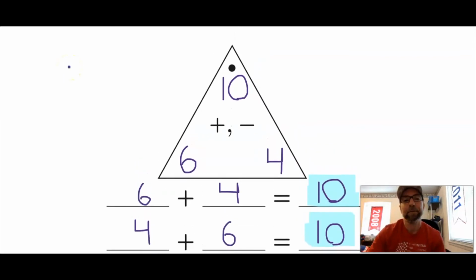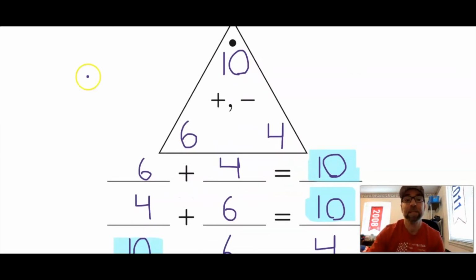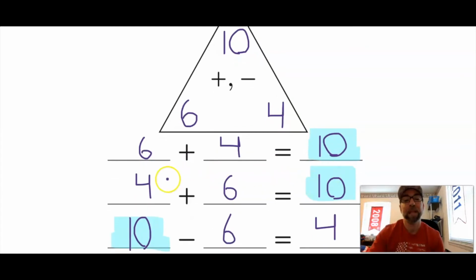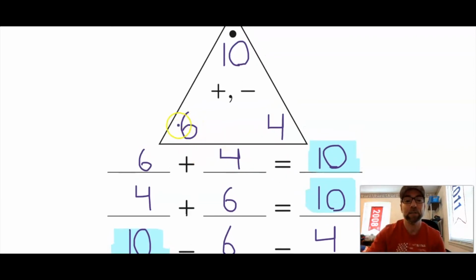All right, first grade, hopefully you finished. Let's see how you did. 6 plus 4 equals 10. And 4 plus 6 equals 10, the turnaround fact. Notice I used the 6, the 4, and the 10 in both problems.